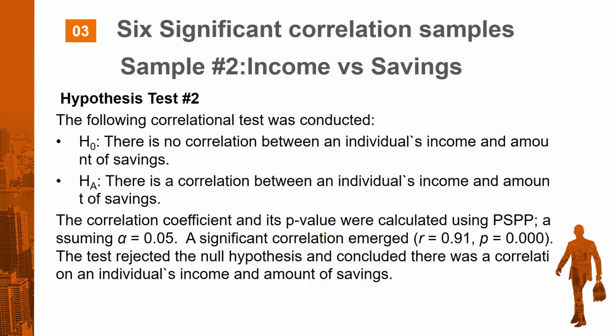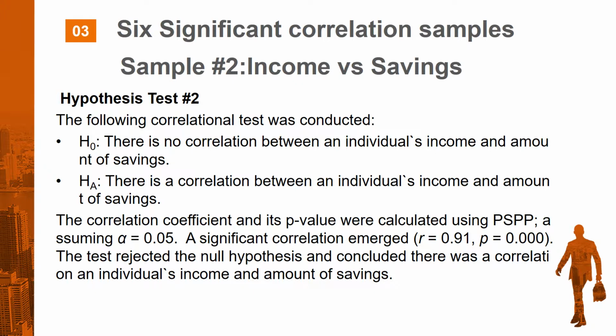A correlation value of 0.91 is saying that there is a strong correlation between an individual's income and the individual's savings. So there is sufficient evidence to conclude that the relationship between income and savings is significant because the correlation coefficient is different from 0, or not equal to 0.